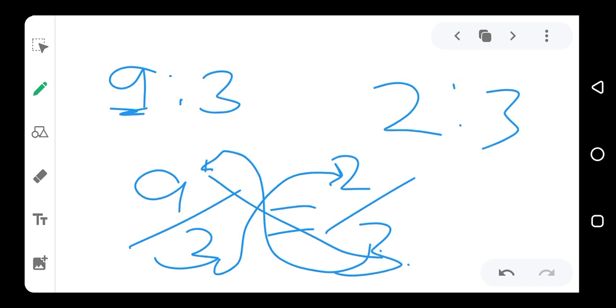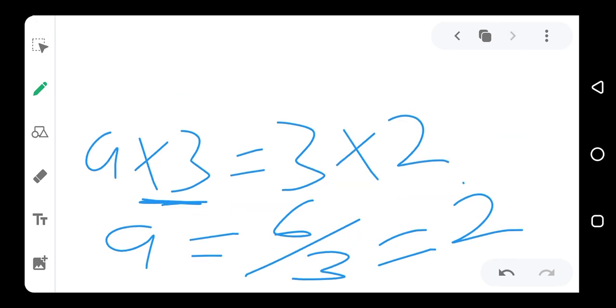So that a ratio 3 will be equal to 2 ratio 3. For two of them to be equal, a must be equal to 2. So this is how to solve simple problems in proportion.